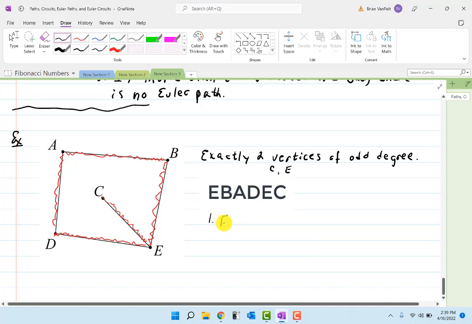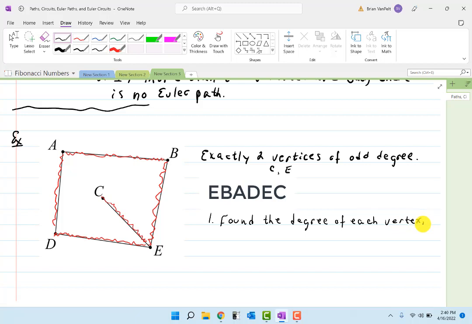Let's see what we did. We found the degree of each vertex. That's the first thing you should do. Now, if they were all even, you're going to have an Euler circuit. No problems there. But it's the odd ones that are a problem.